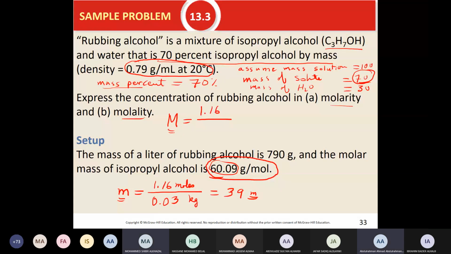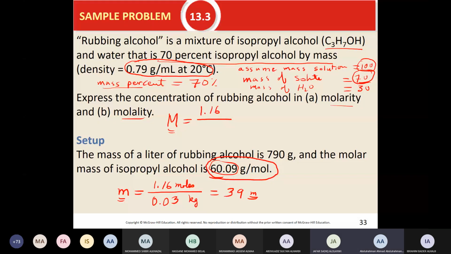It is 100, we assume. So can you calculate the volume? Divide 100 by 0.79.